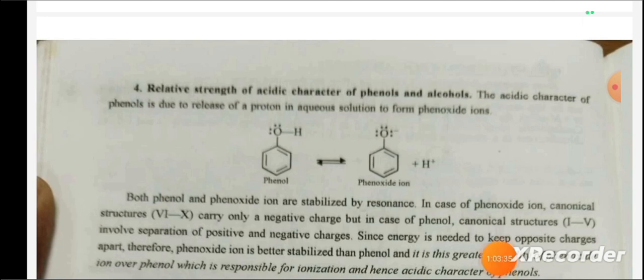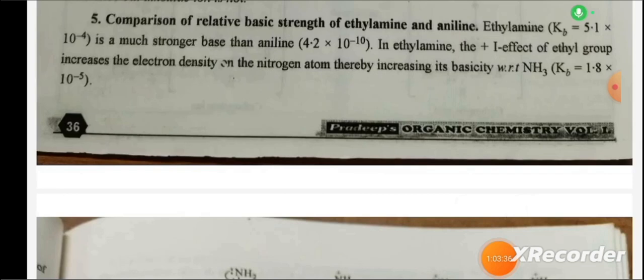Comparison of relative basic strength of ethylamine and aniline. Ethylamine is a much stronger base than aniline. As we know, in ethylamine, the positive I effect of the ethyl group increases the electron density on the nitrogen atom, thereby increasing its basicity.